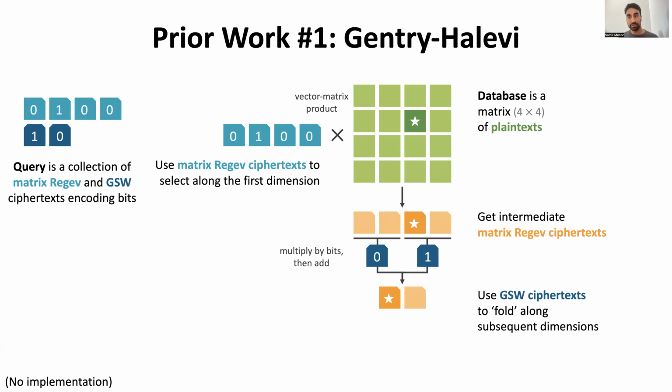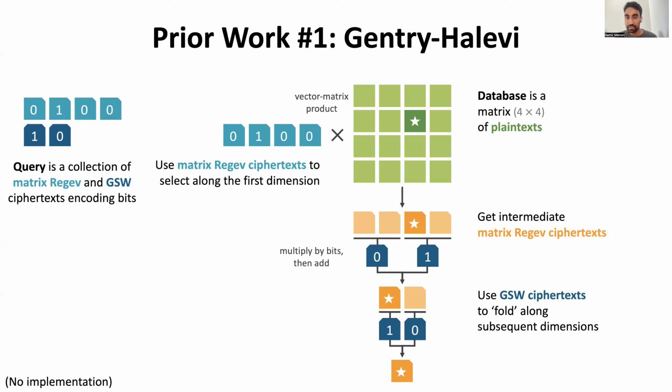At each round, we use a single GSW bit and its complement to halve the number of ciphertexts we're working with. The first time we multiply, these 2 ciphertexts on the left by this GSW bit of 1, and the 2 ciphertexts on the left by this GSW bit of 0, and we get the 2 ciphertexts on the right. We can keep doing that until we're left with only a single ciphertext.